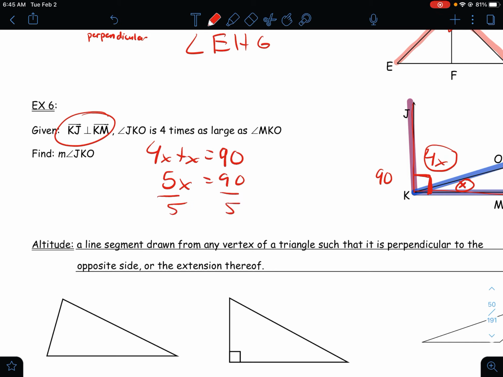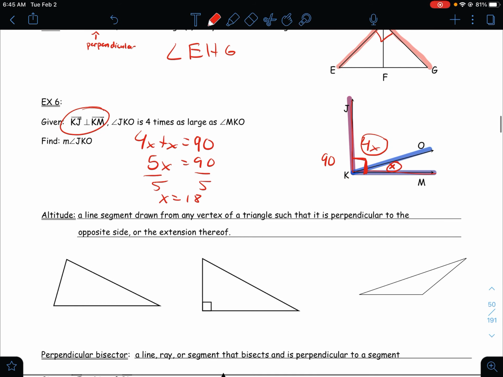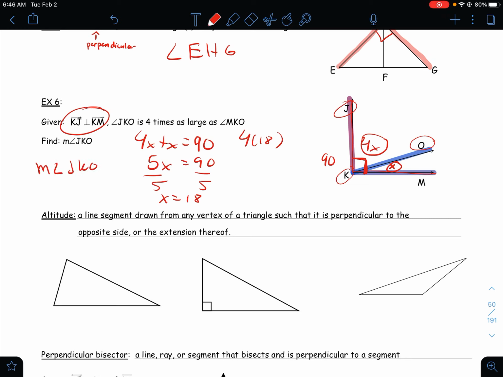Dividing by 5, 90 divided by 5 gives us 18. So x equals 18, but they're asking for JKO, so we need this big angle. We do 4 times 18, which gives us 72. So the measure of angle JKO is 72 degrees.